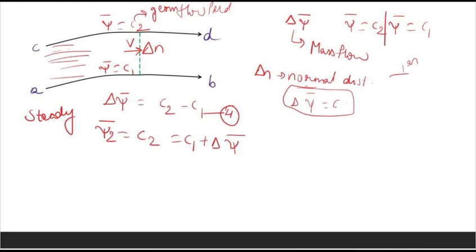Now, what I say is, when I am considering this C1, I say that psi bar 1 is equal to C1, that is the bottom line of the stream tube. When I say that psi 1 bar is equal to C1, which means I can write psi 2 bar as something of this sort, which would be equal to C2, and that would be equal to C1 plus delta psi.